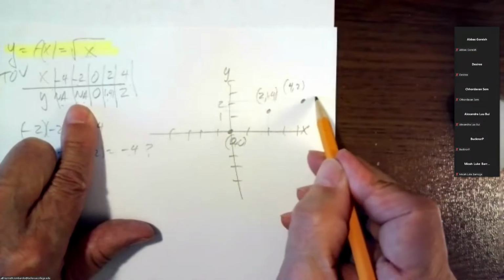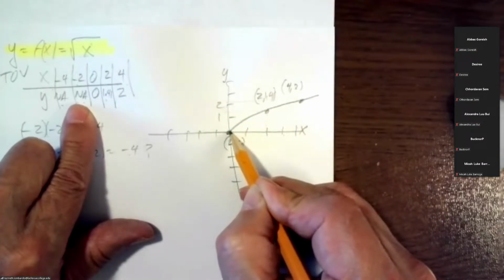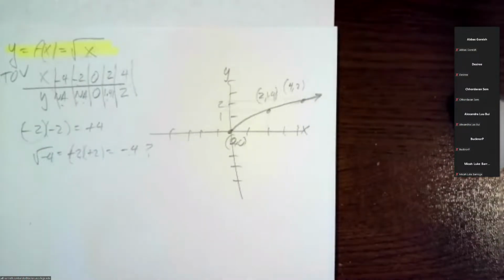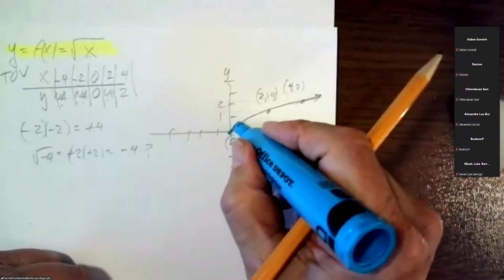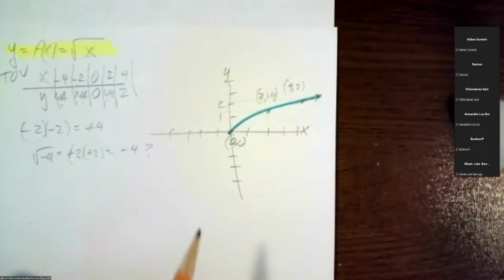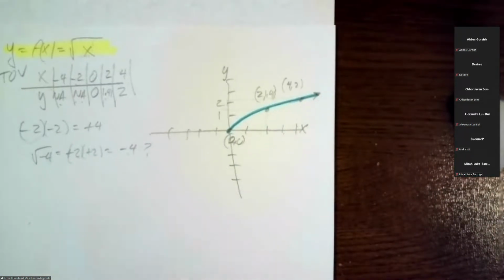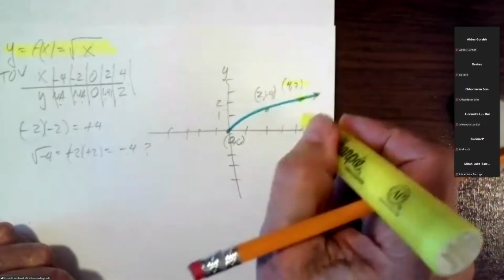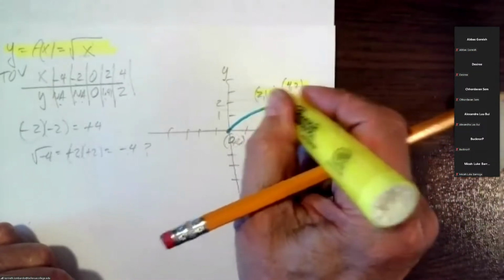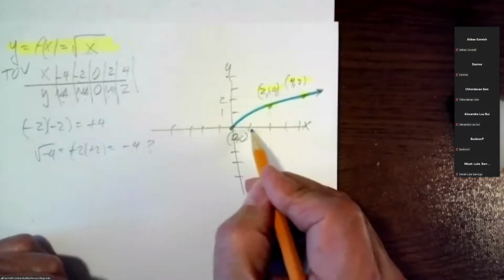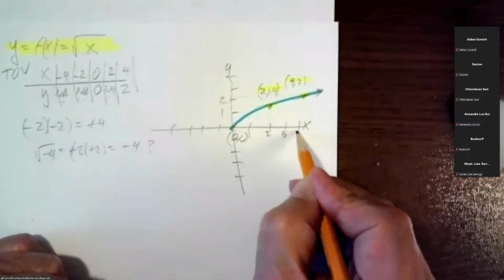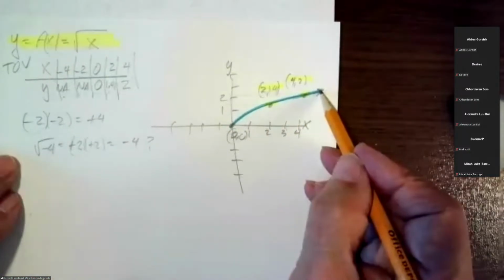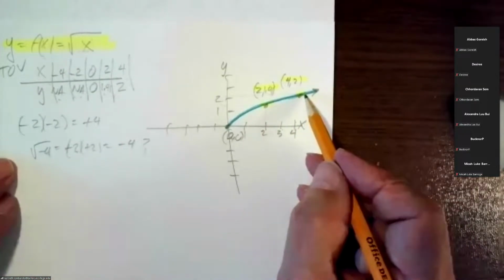If I were to graph this, it kind of looks like this, which I will put here so we maybe see that a little better. So it's going like that. We've got points here at over 4 and up 2, and here over 2 and up 1.41. So this is generally what our curve looks like.